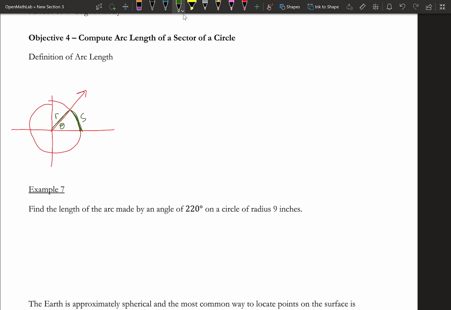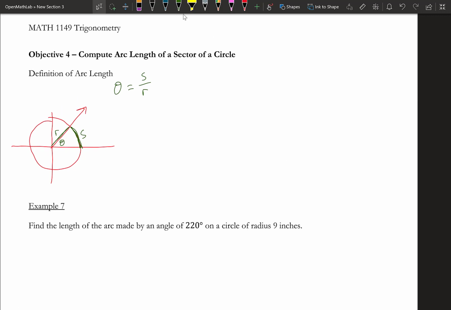Remember that we defined a radian so that if I wanted to find the measure of theta in radians, I would take s and divide it by r. I'm trying to figure out how many radius distances I can fit inside the arc length.